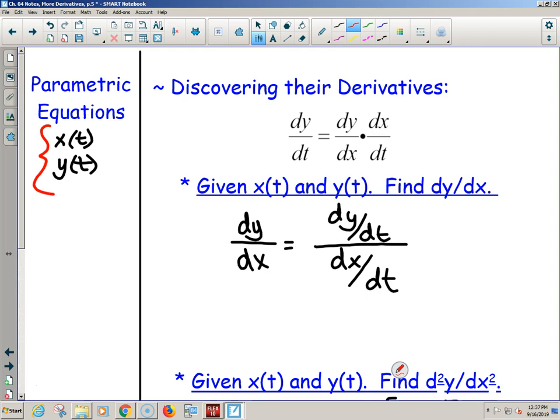Here's the cool thing. If I'm looking at a set of parametric equations, an x and a y, and I want to get a dy dx, it's going to be awkward.